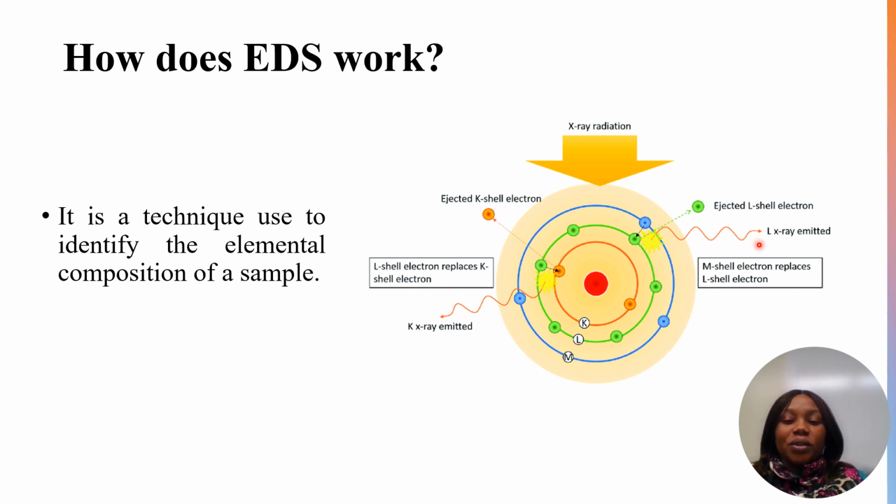And then also when you look at this one here, the L shell gets ejected and then it creates a hole, and the M shell from the higher energy shell goes down and fills in the hole, and then the difference gets emitted as the L X-ray emission.